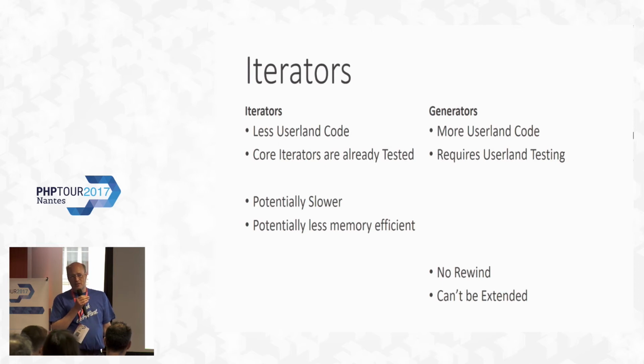You can rewind an iterator. So depending on what exactly you want to do, if you're searching for something and you want to repeat that multiple times, using an iterator is much better because you can just rewind it and search for the next item in the list.